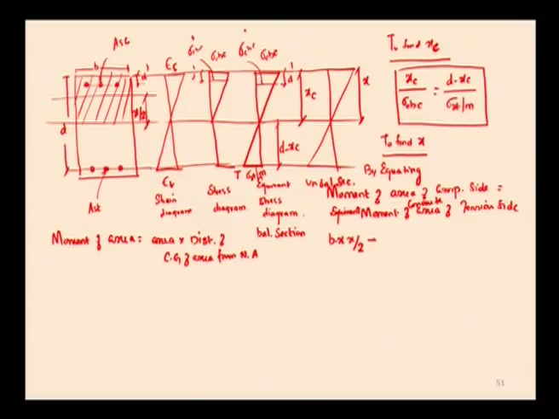plus or minus. Since the steel is placed at the compression zone, we need to first deduct the moment of area due to the compression steel. Here we have considered whole concrete area, first we need to deduct the moment of area due to the compression steel. Moment of area is area of the steel ASC into distance of CG of the steel from the neutral axis, that is x minus d dash.